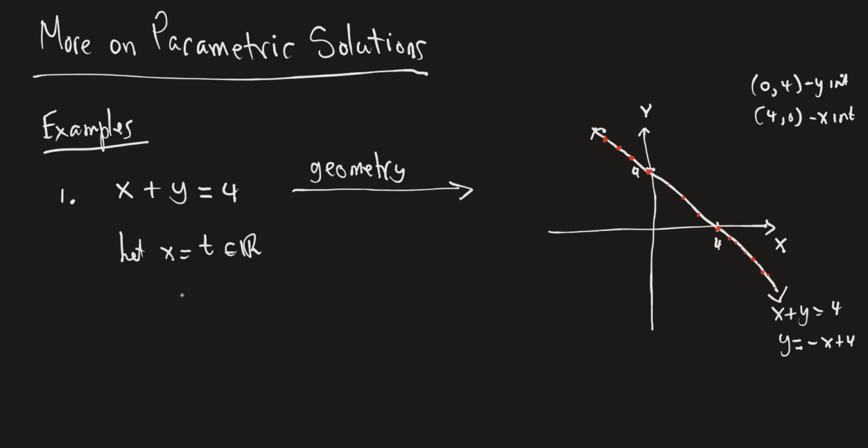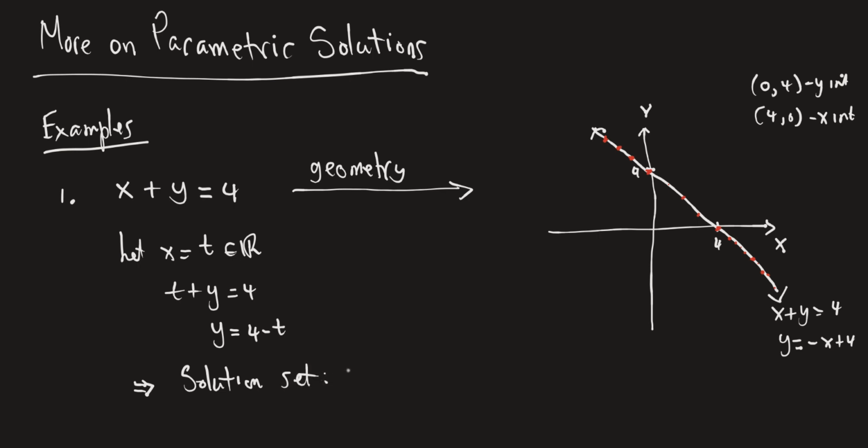Solving for y tells me that whatever I pick for x, y would have to be 4 minus t, right? Over here, I've listed just 2 special ordered pairs. I could have found a couple more, but using this algebra, here is my solution set.